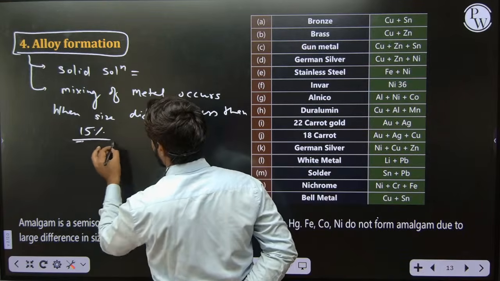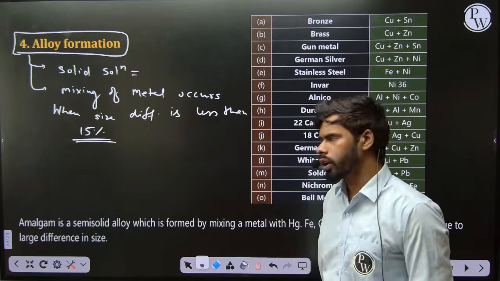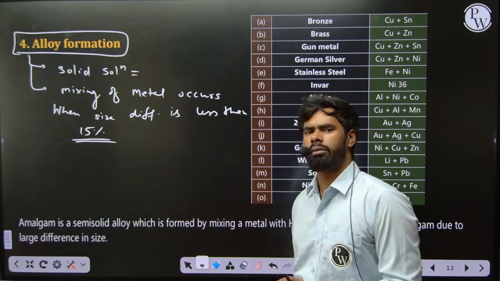If it is less than 15%, we can say they can form an alloy. So basically they must have a similar size.